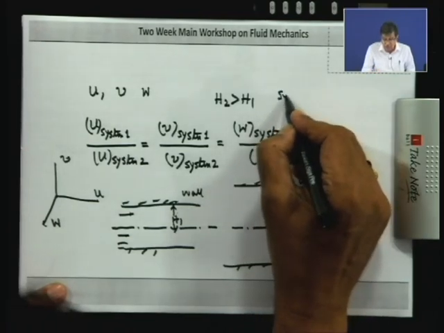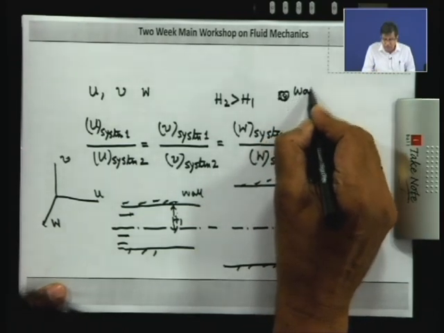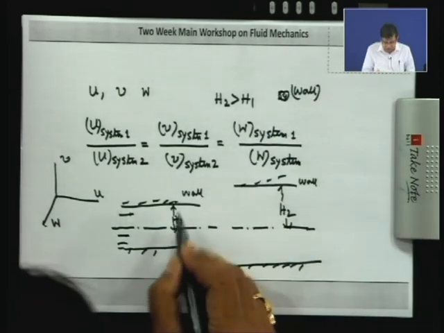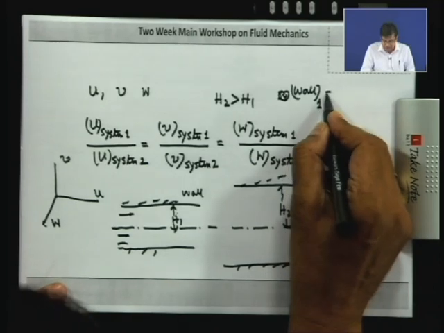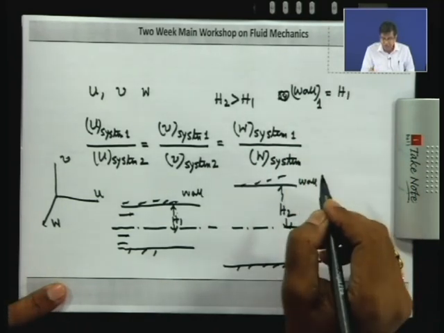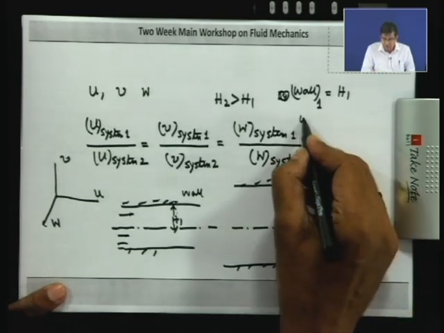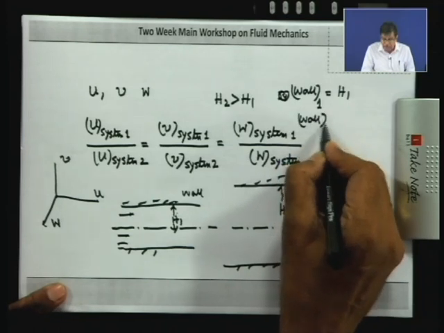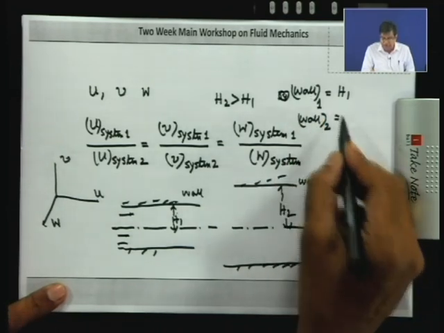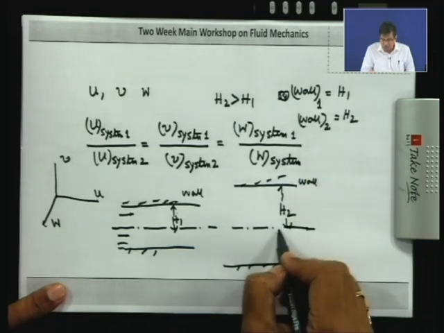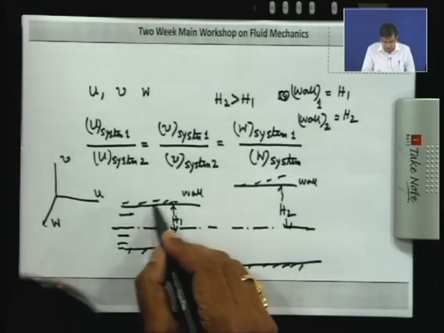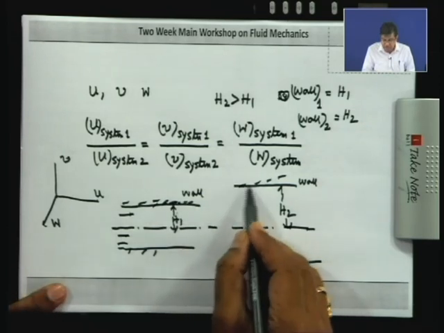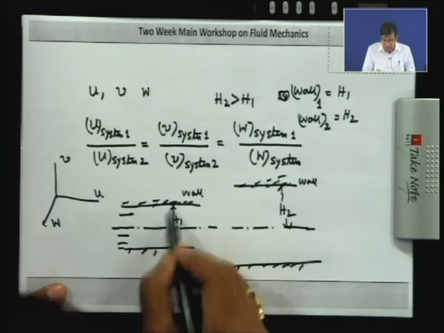The y coordinate for the wall for system 1 is h1. The wall for system 2, wall means the y coordinate of the wall, I am not writing everything, is h2. So the y coordinate is varying for this wall from system 1 to system 2, where the no slip condition prevails. If this channel wall is fixed, then the velocity is 0.